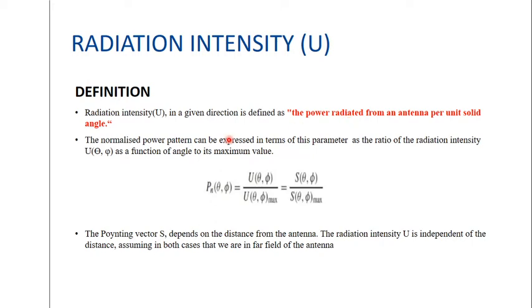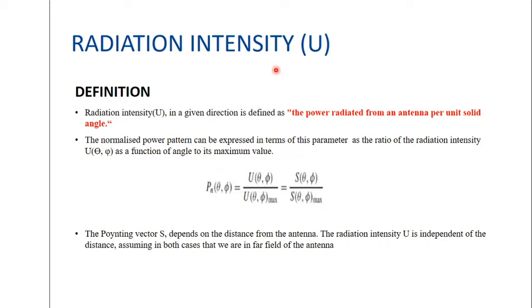And we define the normalized power pattern in terms of the radiation intensity as the radiation intensity of the particular antenna divided by the maximum radiation intensity that can be possible. Or in terms of Poynting vector, we define it as the energy per unit time per unit area, which is S, divided by the maximum energy per the same unit area, unit time.